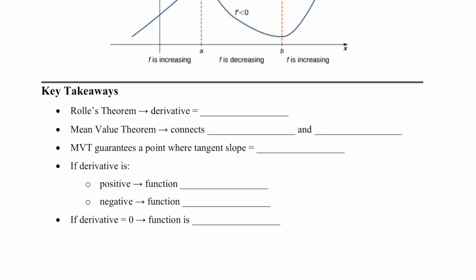Now that we have covered the main ideas and examples, let's finish with some key takeaways. For Rolle's theorem, the derivative equals 0 at some point. For the mean value theorem, it connects the average rate of change and the instantaneous rate of change.